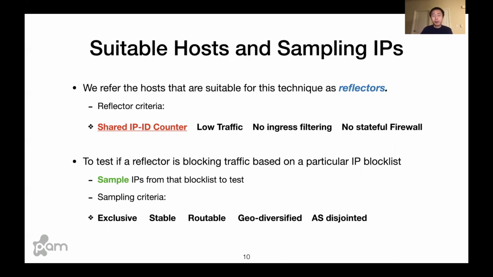And to test if a reflector is blocking traffic based on a particular IP blocklist, we sample IPs from that list to test. The sampling also needs to meet certain criteria. I will not go into these criteria in detail, but they are all here to ensure we have as little noise as possible during our measurement.